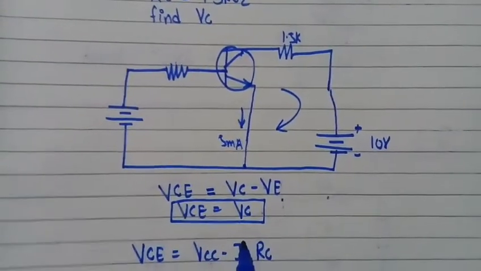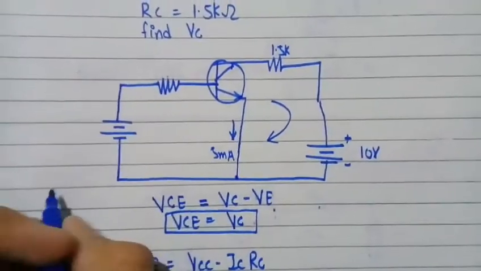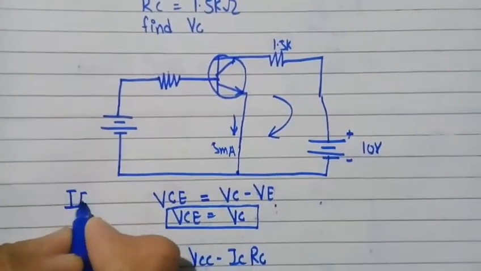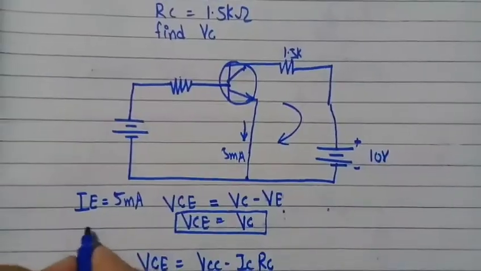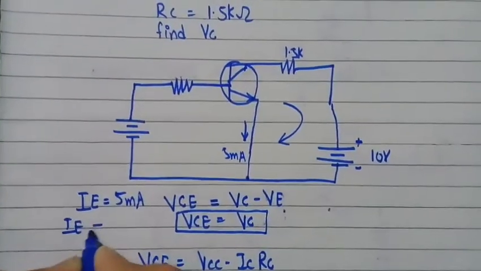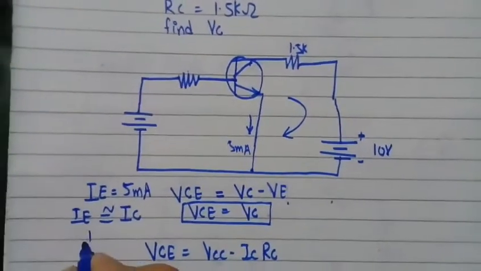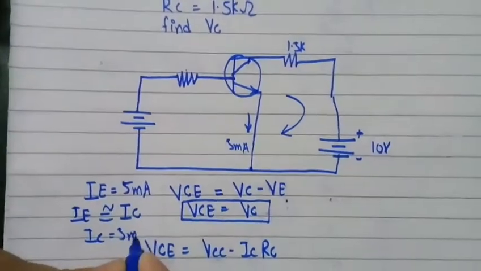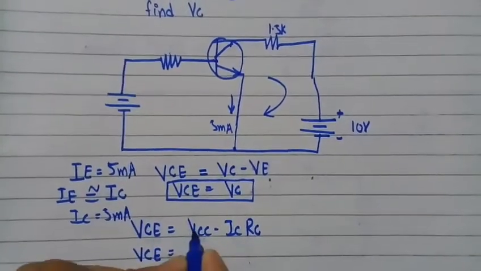First you have to find IC. IC will be taken from IE. As you already know that IE is given, and IE will be equal to 5 milliamps. So IE is approximately equal to IC. So IC will be 5 milliamps. So put these values over here. VCE will be equal to VCC.